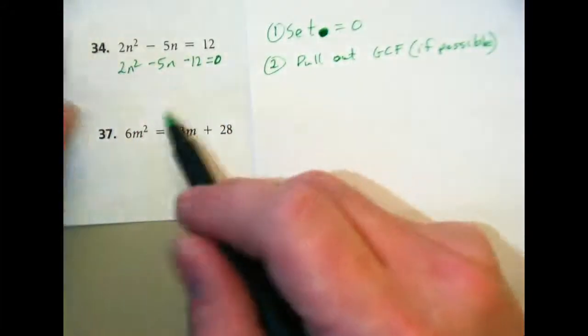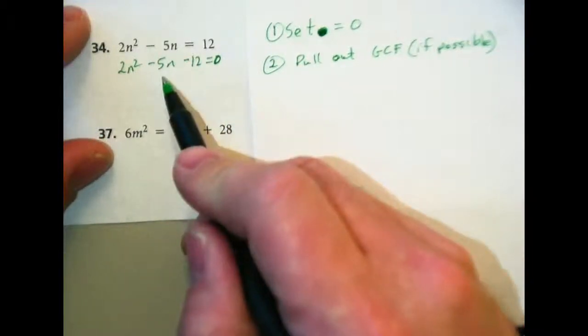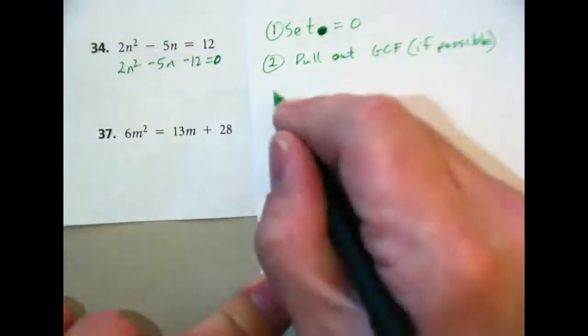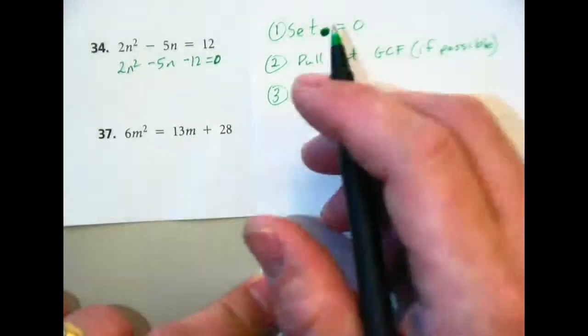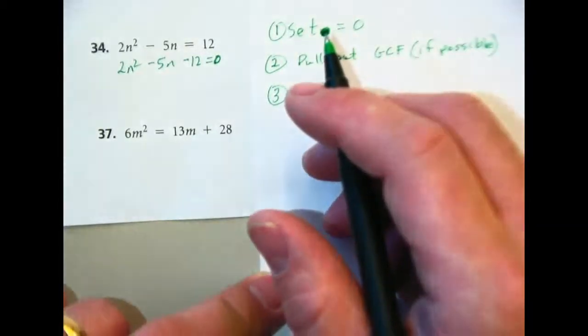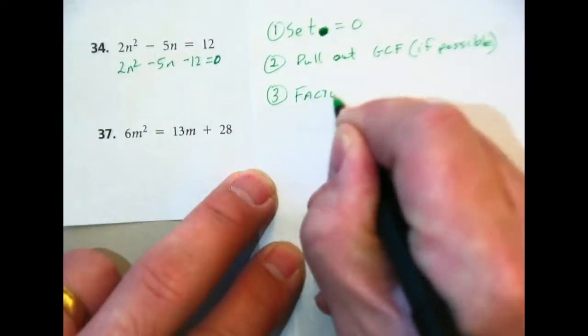No, we don't just automatically divide by 2. We can't do it because it doesn't go into 5. So here it's not possible. Number 3, we can't pull anything out, so we factor. We go into factoring.